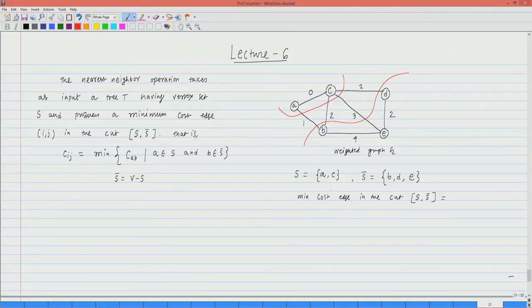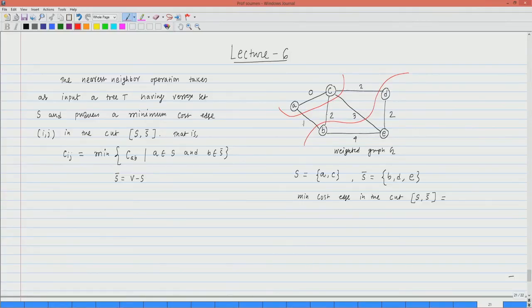So, you are dividing the set of vertices into two parts basically S and S complement. Now, the cut S, S complement consists of these edges, the edge AB, BC, CE and CD.